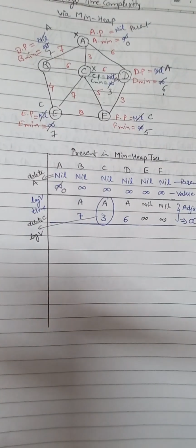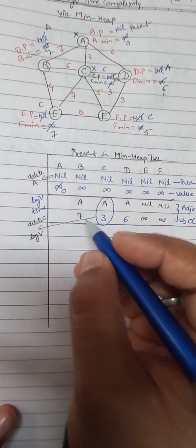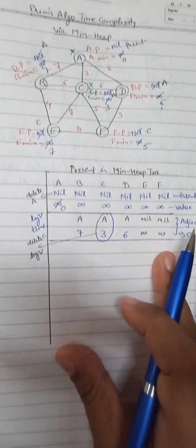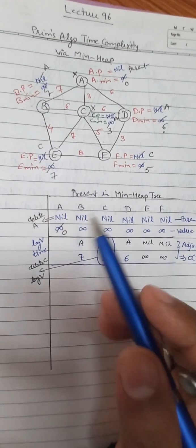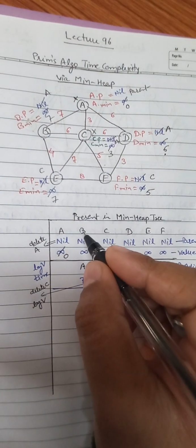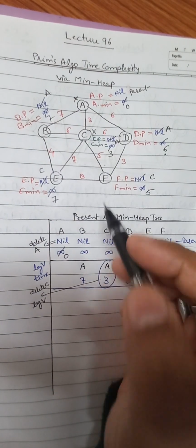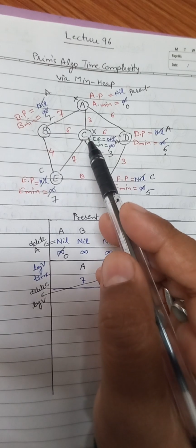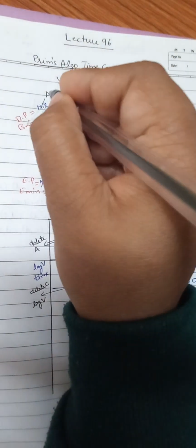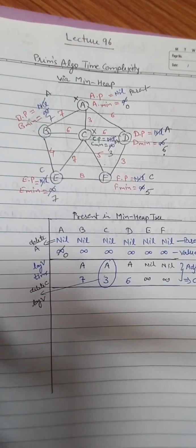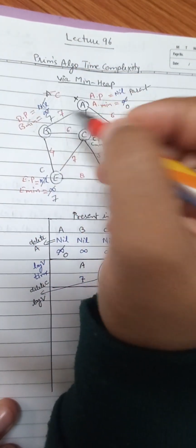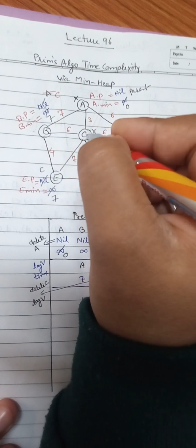So now we are going to write here in a similar way. So here also it will get changed. Initially B's parent was A, but now A has been deleted, and now we are deleting C. So the parent of B will become C. So here we will write C, and the weight was 7, now the weight will be 6.